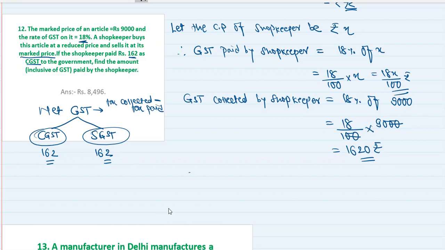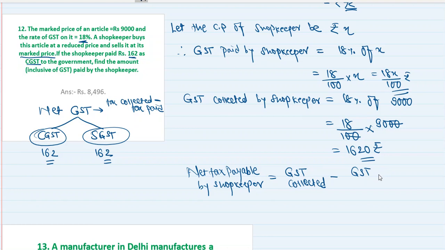Okay, now net tax payable by shopkeeper is equal to GST collected minus GST paid.